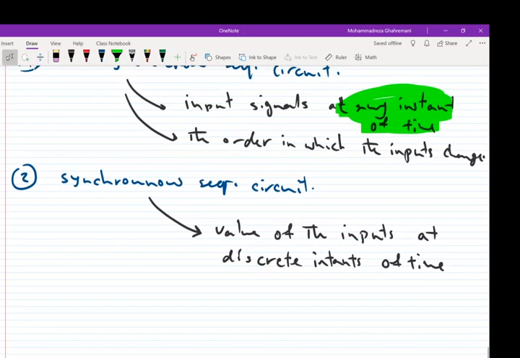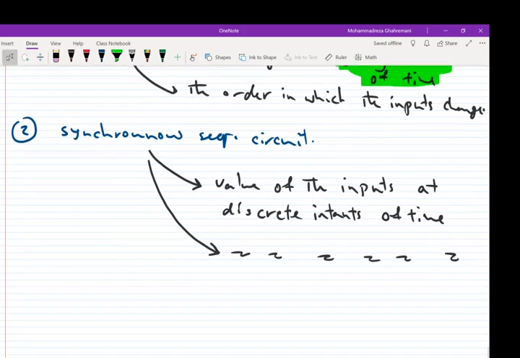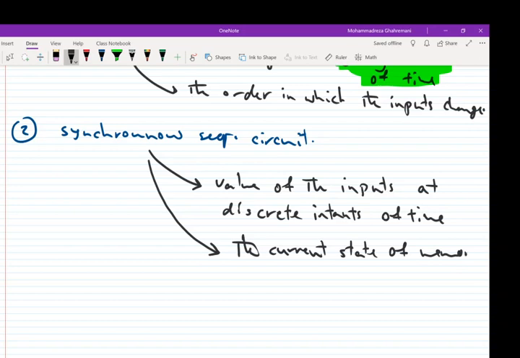And of course the order in which the signals change. For synchronous circuits, instead of saying the order in which the input changes, it's better to say the current state of memory element.